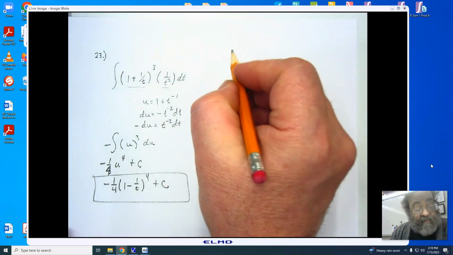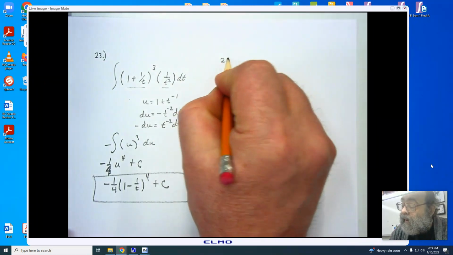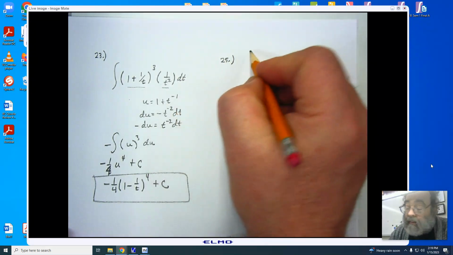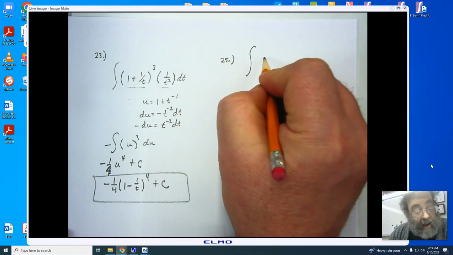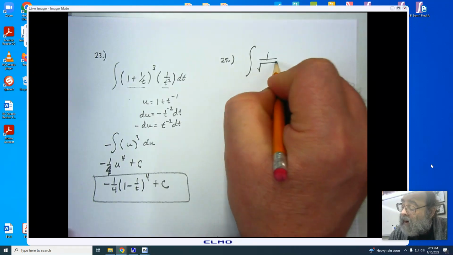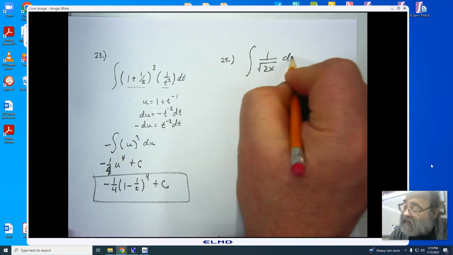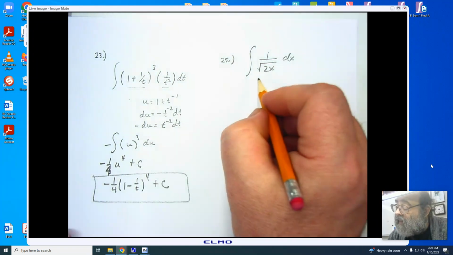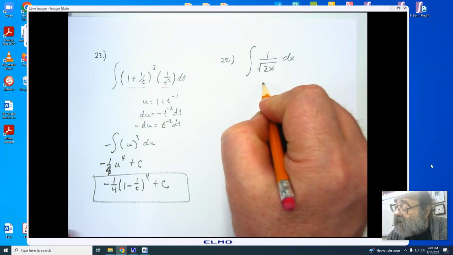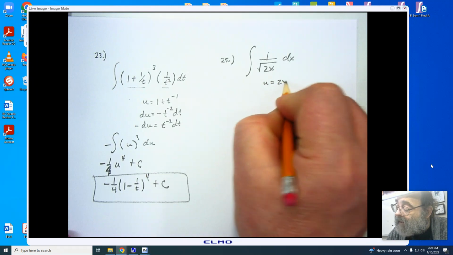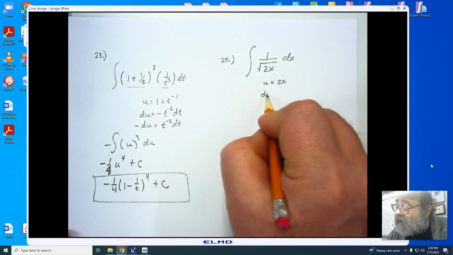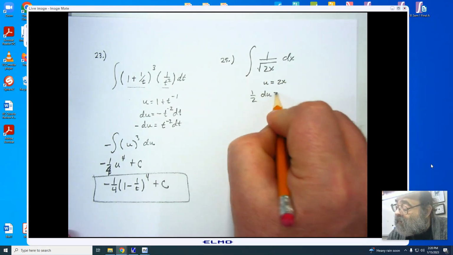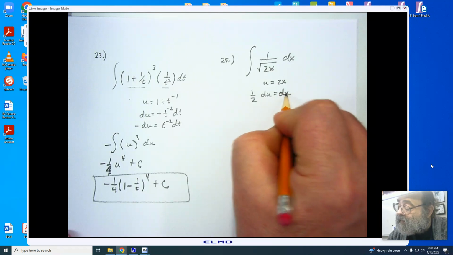Let's go to number 25, please. Number 25 is using the radical, and I have 1 over square root 2x dx. Here I want to make sure that I think about this in terms of u equaling the 2x, the inside piece, so that 1/2 du equals the dx.